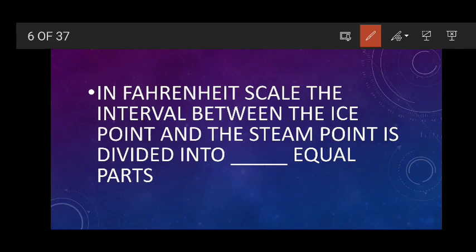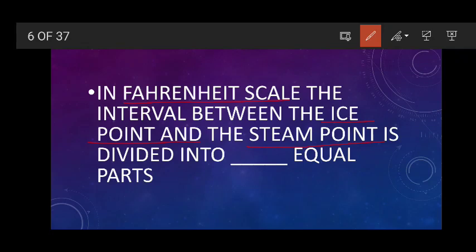Now the next question is, in Fahrenheit scale, the interval between the ice point and the steam point is divided into dash equal parts. So how many divisions are there between the ice point and steam point in Fahrenheit scale? There are three types of scale of temperature.